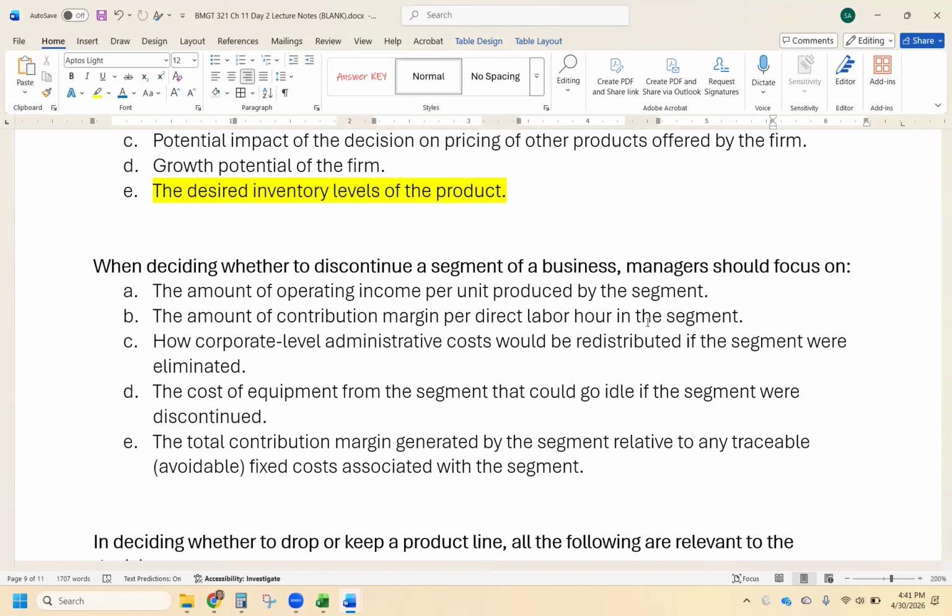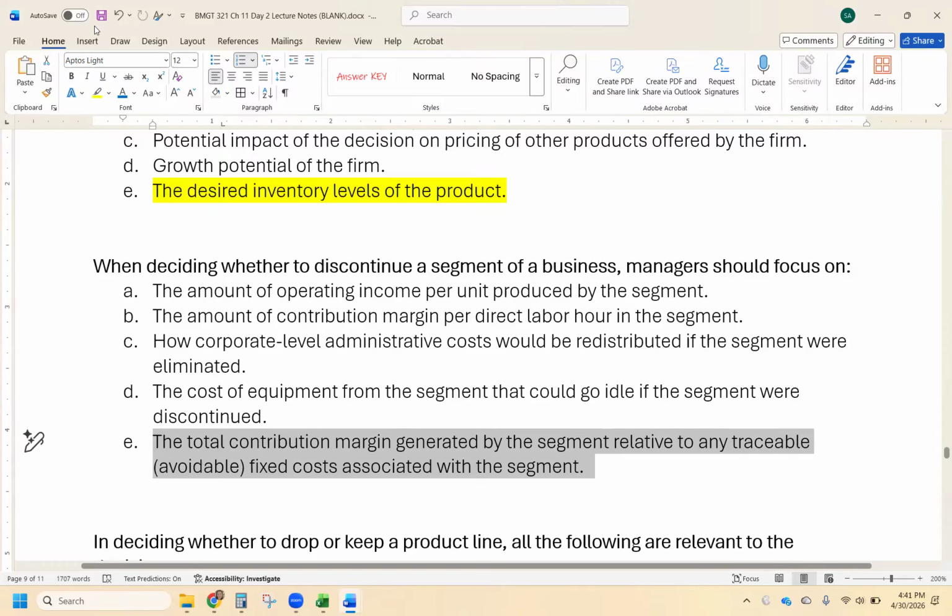E, total contribution margin generated by the segment relative to any traceable, avoidable fixed costs associated with the segment. All right, so I'm going with the answer E, but C and D are really good options. This is not a great test question because C is talking about allocated costs.